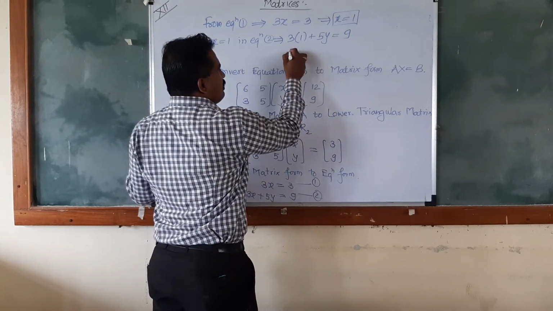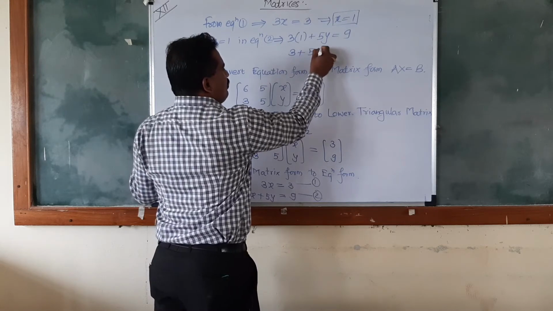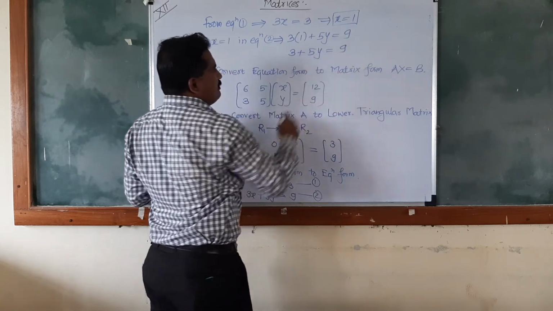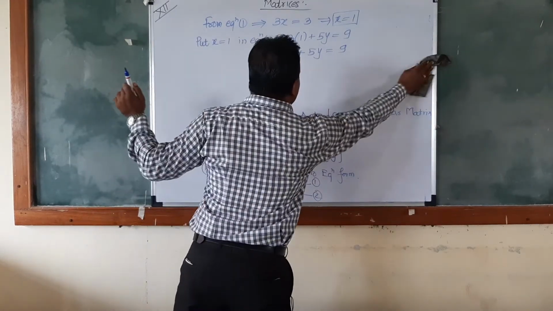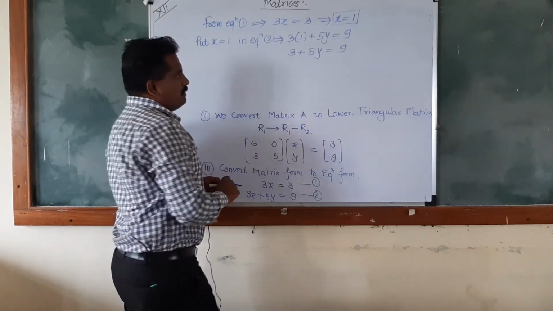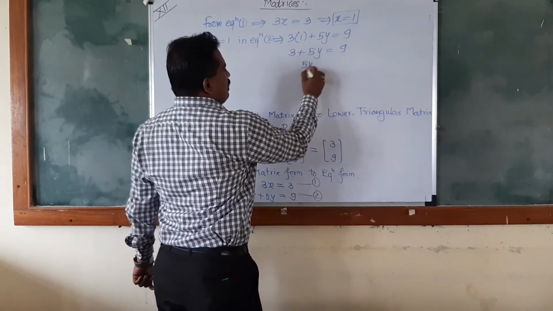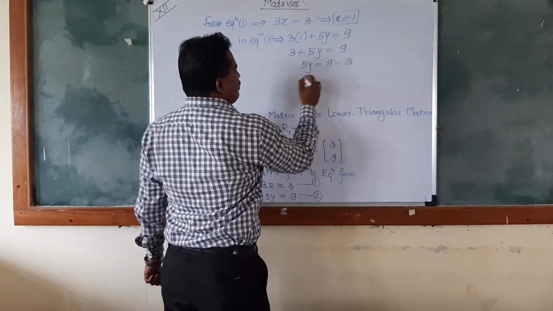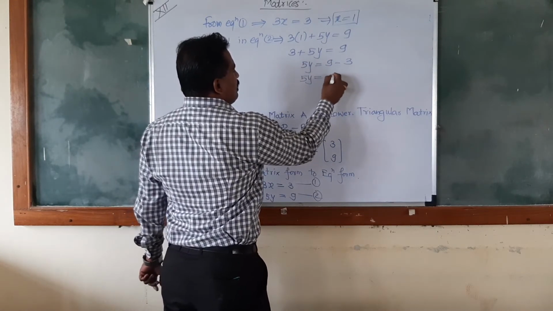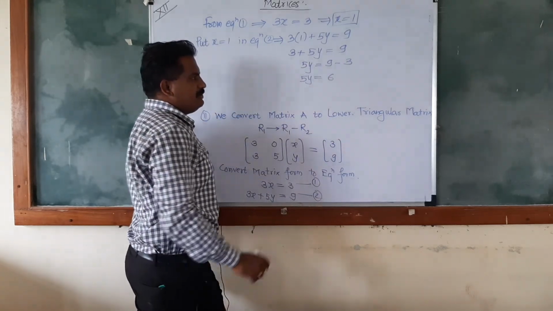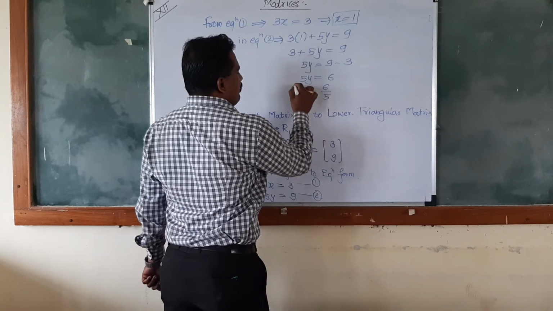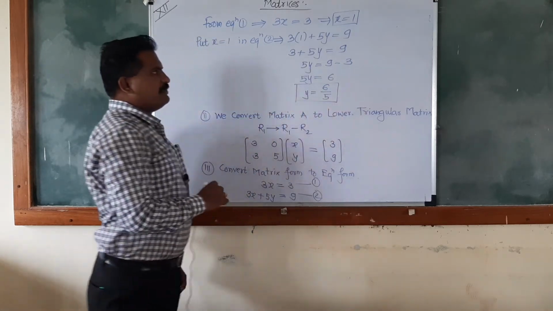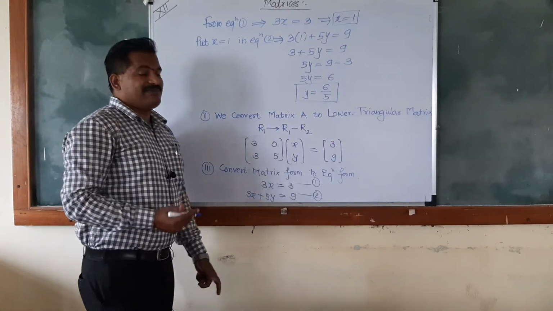So 3 plus 5y is equal to 9, 5y is equal to 9 minus 3, 5y is equal to 6, and we get y is equal to 6 upon 5. We get x and y.